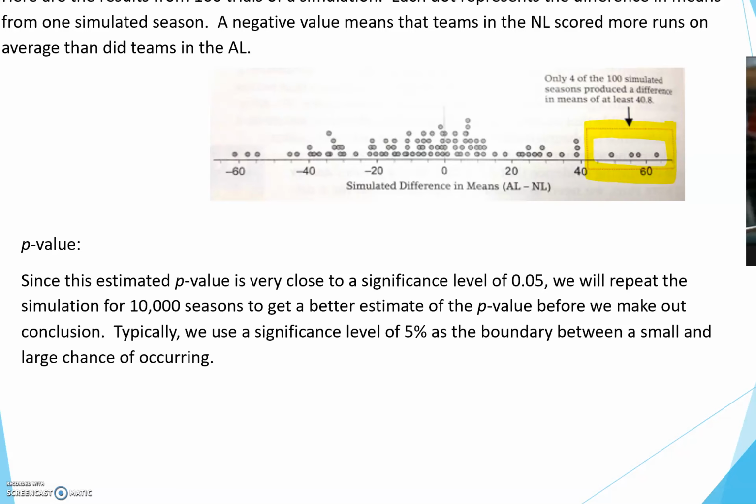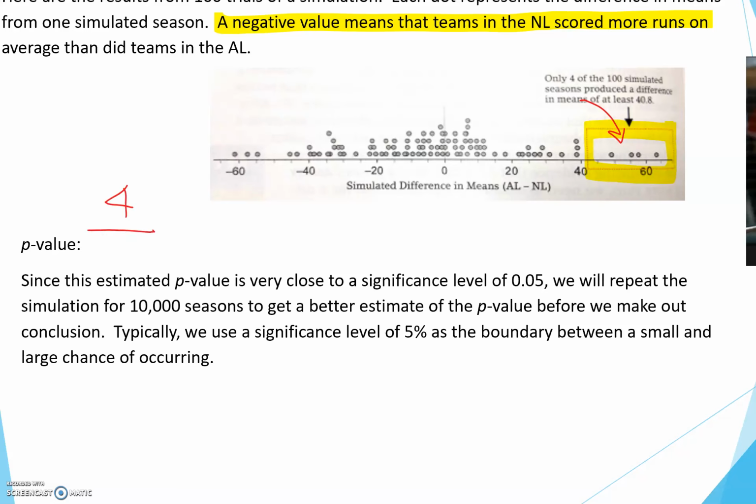So somebody subtracted the difference in means, simulated 100 times, and now made it into a dot plot. Notice a negative value means that in a particular simulation, the National League scored more runs than the American League. So this is 100 trials. We have 1, 2, 3, 4 dots.